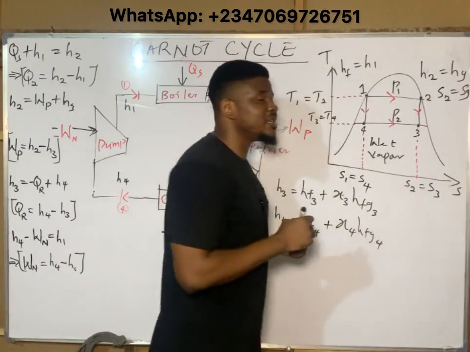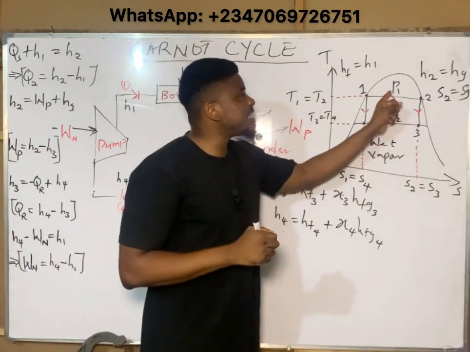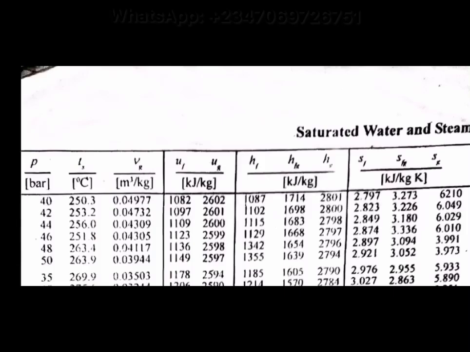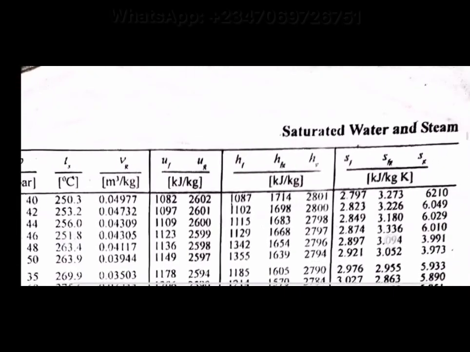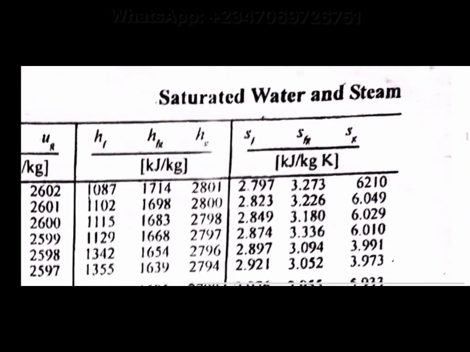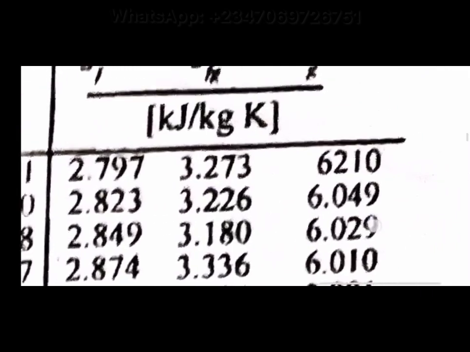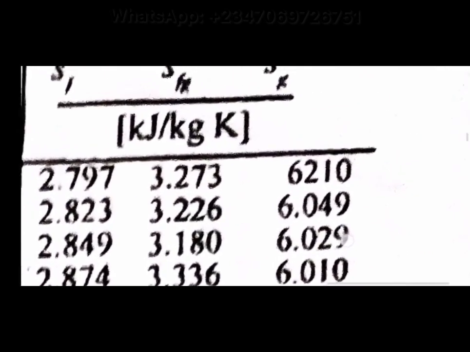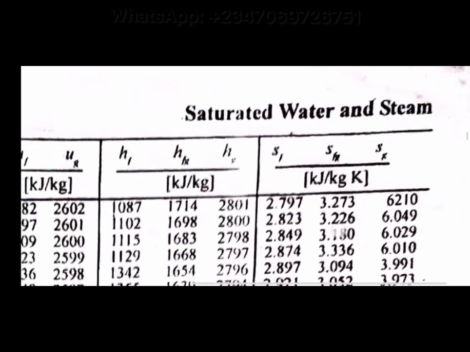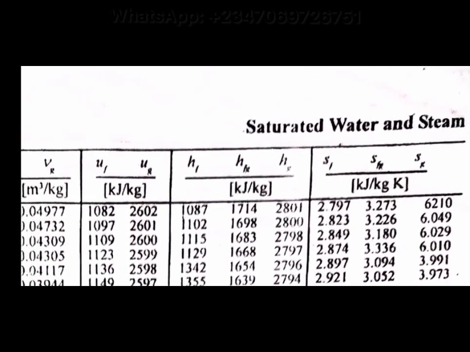Entropy at state 2 is going to be the entropy at the gas region under the same pressure. So under the same pressure, 40 bar, we move straight to the entropy line. Sg is going to be our S2. So the value of Sg here, which says 6.210, is now going to be our S2 because this is the property at state 2.